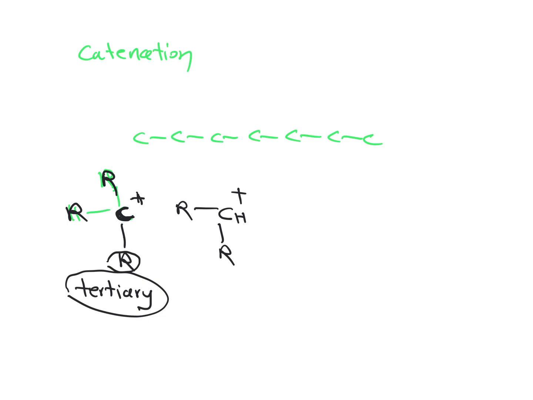But now that we're talking about this, I can cover these two. So this is secondary. This is a carbon that has a positive charge attached to 2 groups rather than hydrogen, and it has 1 hydrogen. Remember, the valence of carbon is 4, so theoretically it should have 4 bonds.